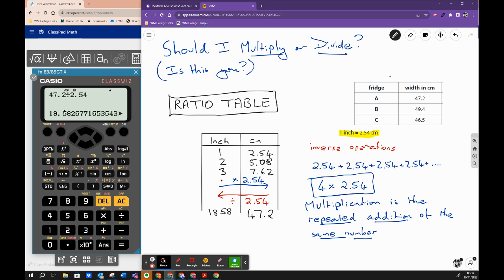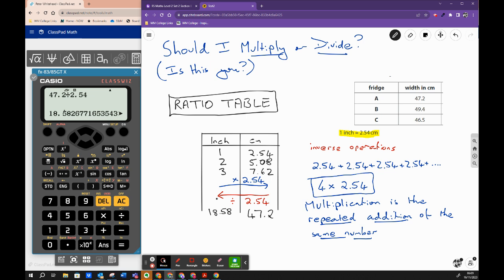And once we've got the multiplication way going, okay, in going from inches to centimeters, I'm multiplying by 2.54. And once we know that that's what we're doing one way, then the other way is going to be the inverse operation, dividing, in this instance, by 2.54.